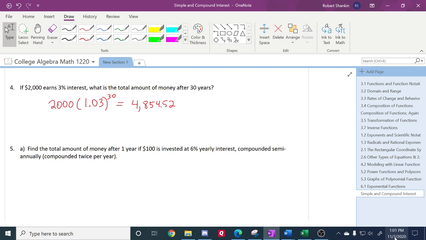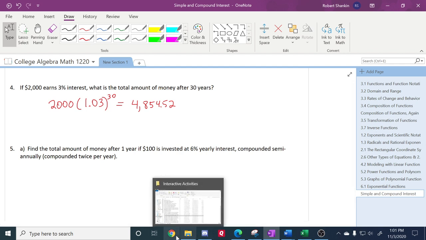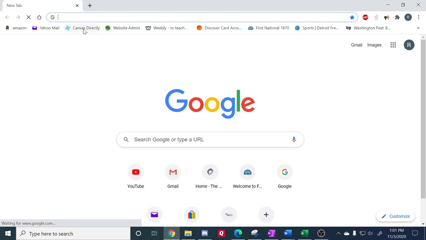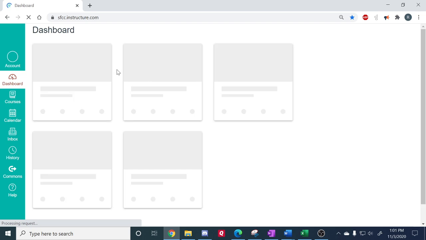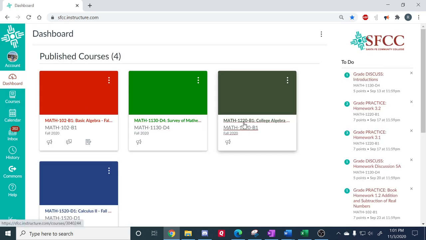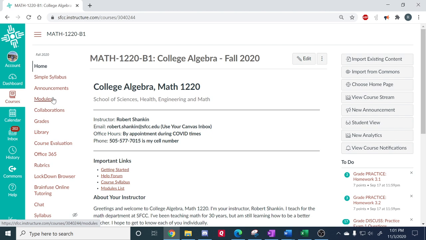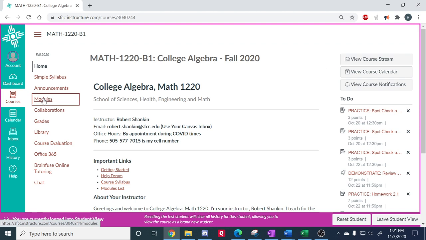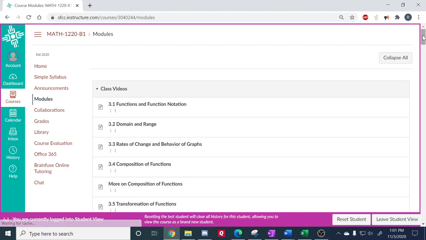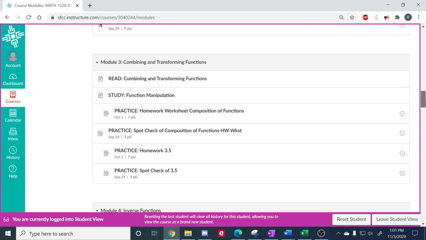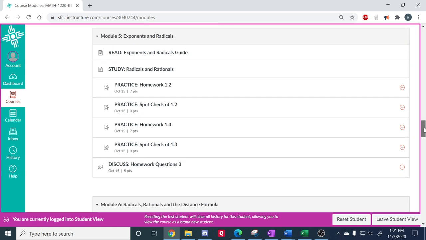The exam opens up at 1:15, so you have a 15-minute break. And then, to get to the exam, let's go to student view, modules. There was exam 1.